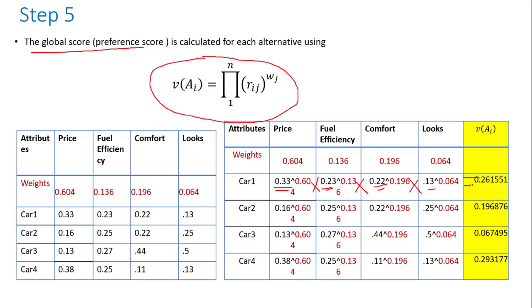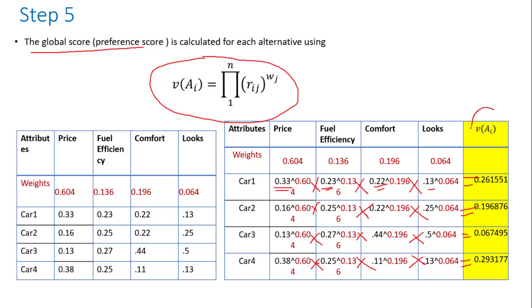So this is equal to the first one, VA1. Similarly for the second, all are multiplied with each other and V of A2 is calculated. V of A3 is calculated by multiplication of all these, and V of A4 is calculated.